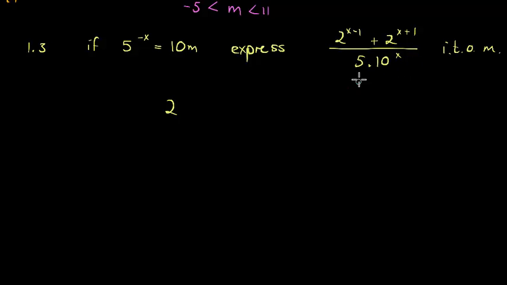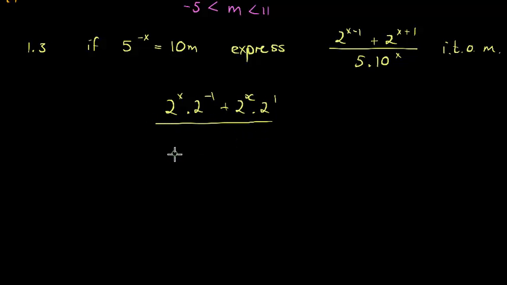So again, if you don't know what to do, go back to basics. Simplify this expression: 2 to the power of x times 2 to the power of negative 1, plus 2 to the power of x times 2 to the power of 1, over 5 times 10 to the power of x.